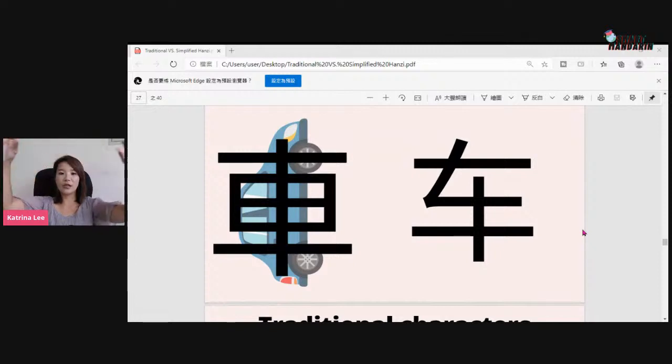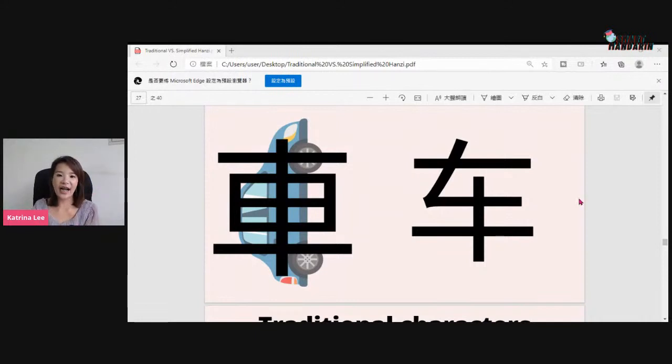The upper stroke is the two horses or the wheel, and right here is also the wheel. And the middle component was actually the image of the carriage. If you can imagine that, I'll try to find a photo if I have time. But this is the origin of this character, 汉字车.